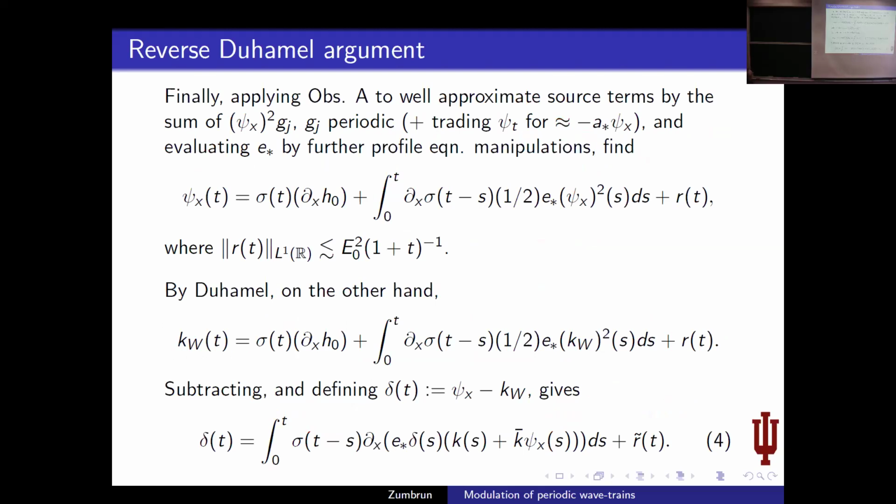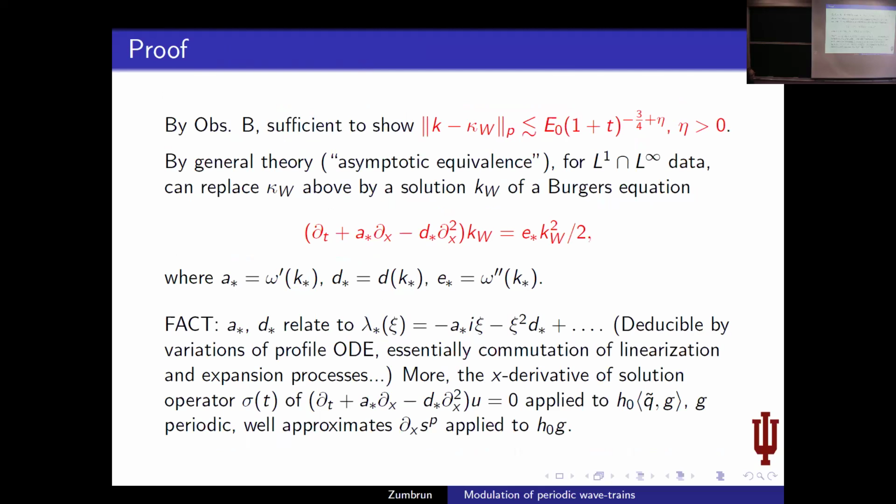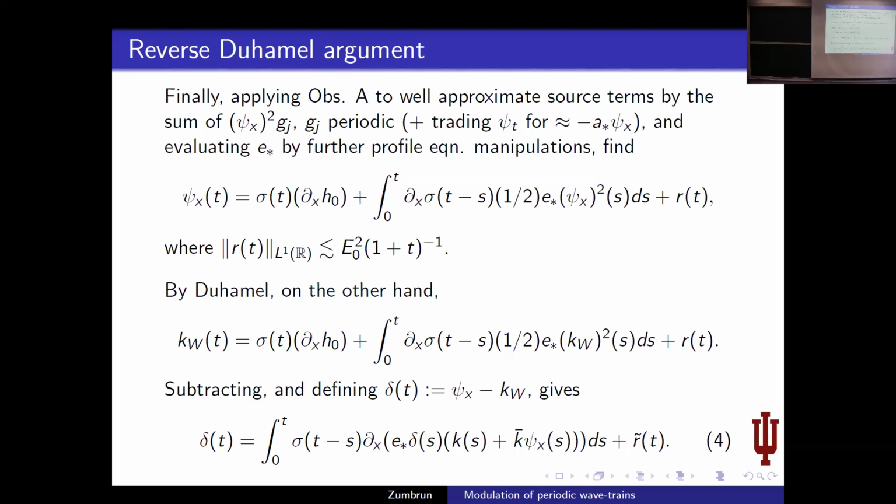So knowing that, we can well approximate source terms by the sum of periodic solutions times Gj, which is my data, applying it to the periodic solution. Okay.